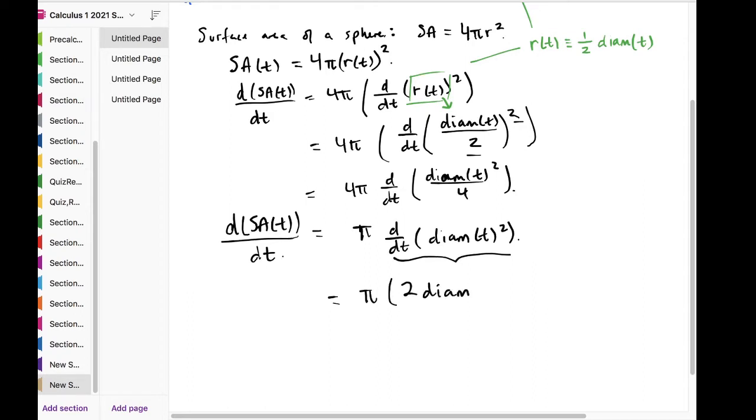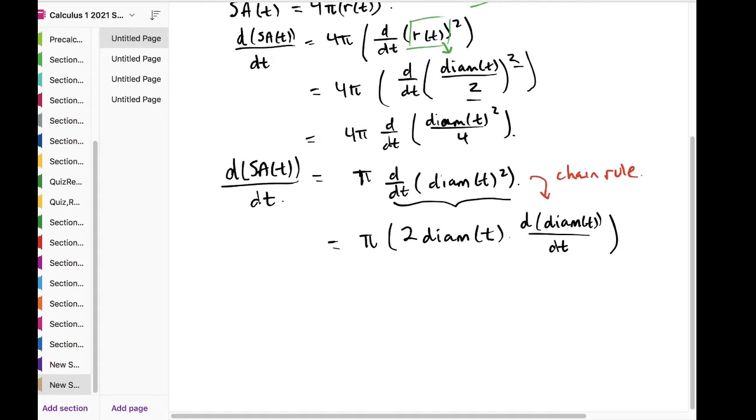Are you forgetting something? One thing you need. It's the chain rule, remember. There's 2 things going on, right? You're doing the diameter and you're doing the square. So I needed a d diam of t. Do you see that chain rule? Yeah, it's important.